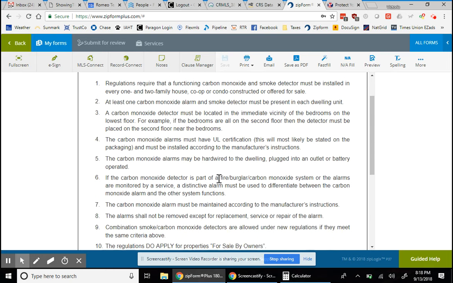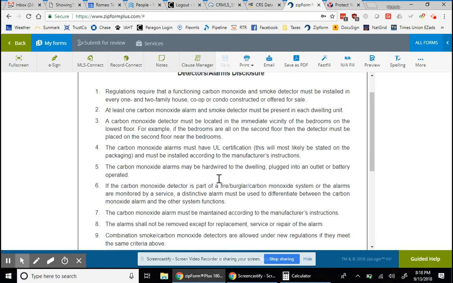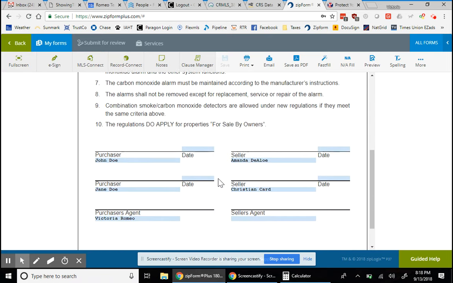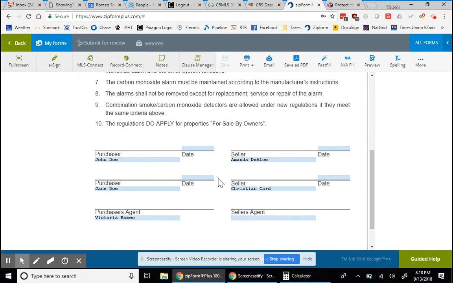So the carbon monoxide disclosure is written in plain English, and that's usually what I tell people. Basically what it says is that sellers are responsible for having adequate carbon monoxide and smoke detectors in the home, even if they are for sale by owner. If they don't sign this as part of the listing, somebody will make them sign it at closing.